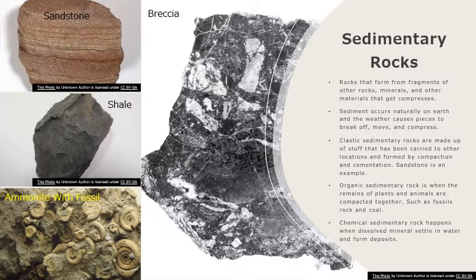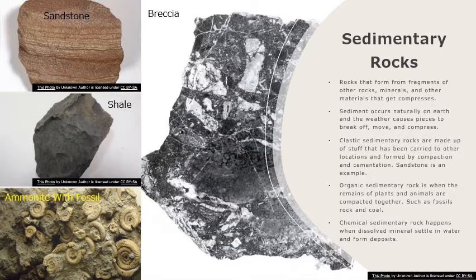And next we have sedimentary rocks. Look at all this. The really cool thing about sedimentary rocks is that these are fragments of other rocks, other minerals, and other materials that just get all pressed together. Sediment occurs naturally on Earth, and the weather causes the pieces of the rock to break off and to move and to compress.